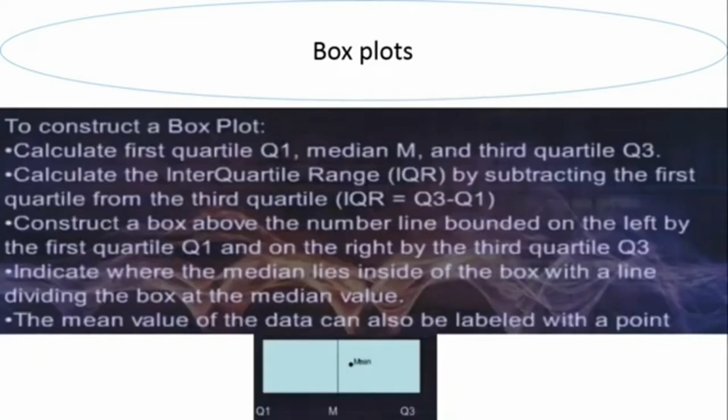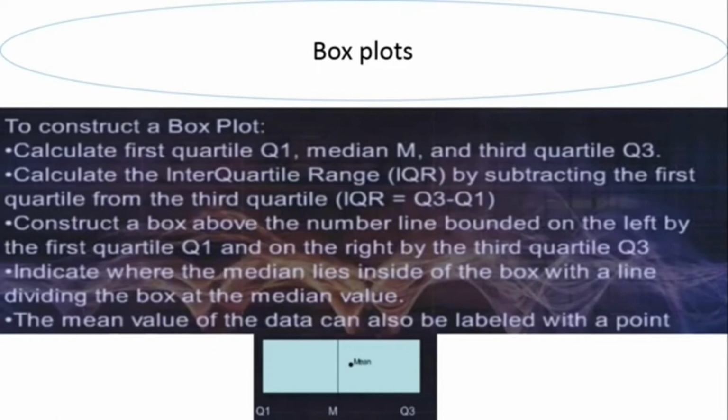After that, you indicate where the median lies inside the box with a line dividing the box at the median value. The mean value of the data can also be labeled with a point. So you have a rectangle in which you plot the median, the first quartile, the third quartile, and you can also highlight the mean, as you can see at the back of your screen.